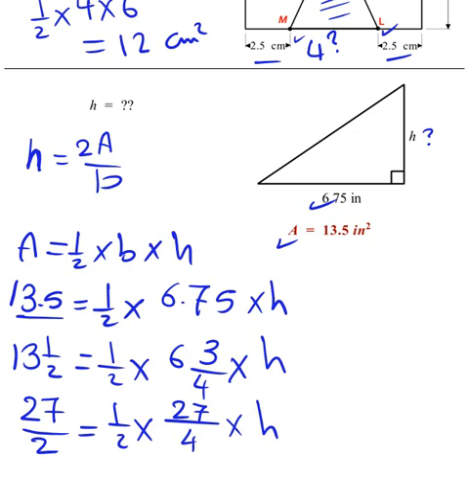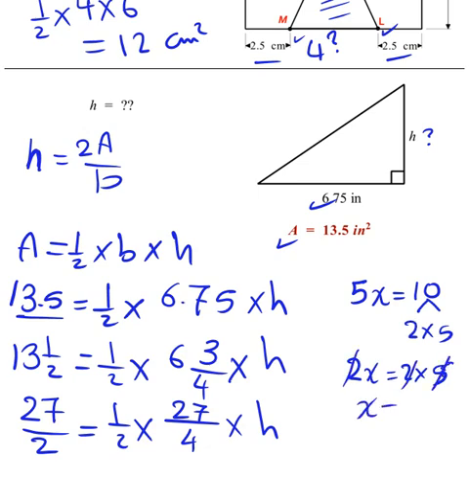If you have 5x equal 10, you can factorize 10 as 2 times 5, then 2 cancel 2, then x equals 5.